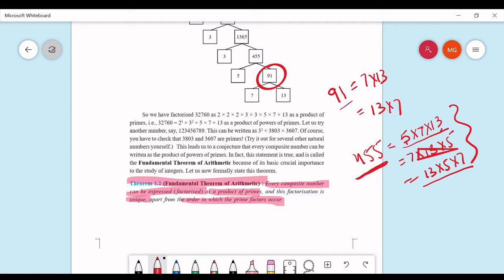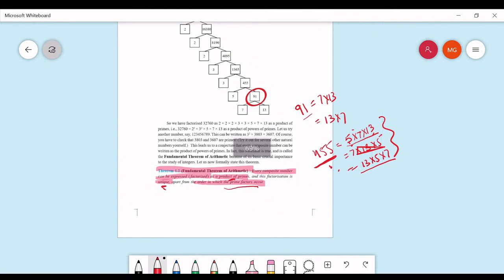So what they say is that the product of these primes is unique, apart from the order in which the prime factors occur. No matter what the order is, when they are multiplied, you will get the same number. So this is the fundamental theorem of arithmetic. I hope you have understood that.